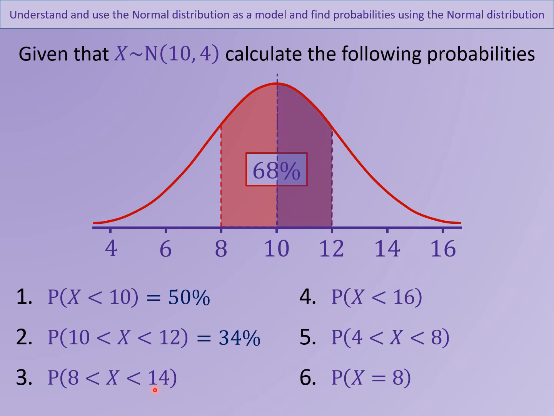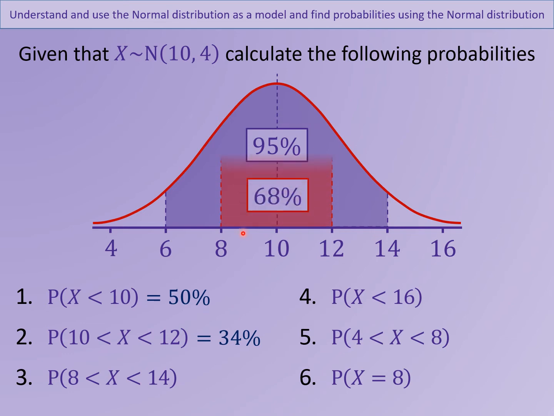Okay, right, 8 to 14. So that's from there to there. We can see that all of this is 68 already. So what's the difference between 8 and 14? Well, everything up to 14 is 95%. Okay, we know that the middle section is 68%.